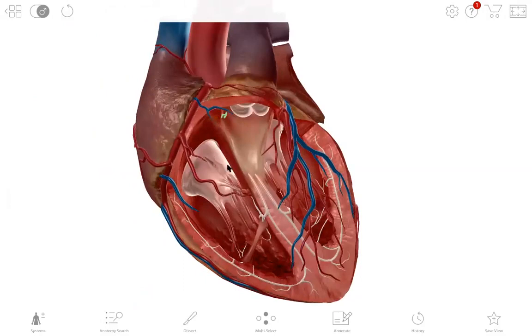This in front of you is called the tricuspid valve, which consists of 3 cusps: anterior cusp, posterior cusp, and a septal cusp. The tricuspid valve is attached through chordae tendineae. These small tendinous strings called chordae tendineae will be attached to the papillary muscles. Okay, let us return now.